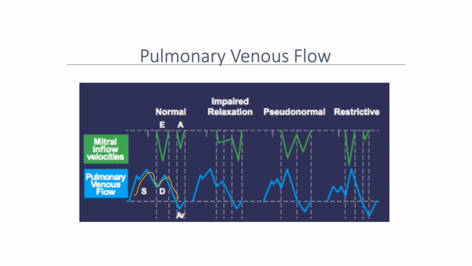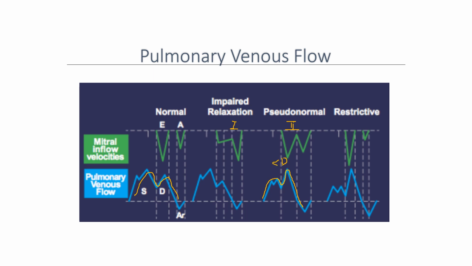In grade 1 diastolic dysfunction, or impaired relaxation, it will still look relatively normal. However, if you have grade 2 diastolic dysfunction, the S wave will be blunted and the D wave will be greater than the S wave.